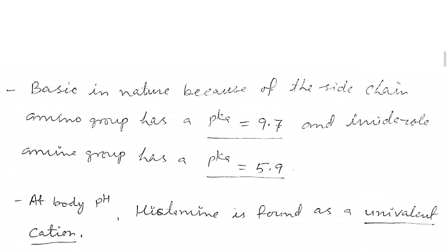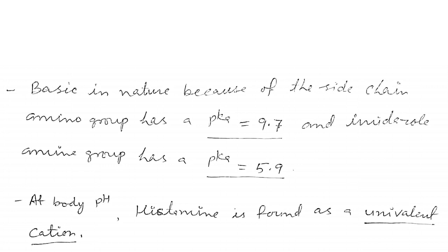They are basic in nature because of the side chain amino group. The side chain amino group means the ethylamino group, and the ethylamino group has a pK value of 9.7. As we know, dear students, pK is the negative logarithm of the Ka value, that is, the dissociation constant.